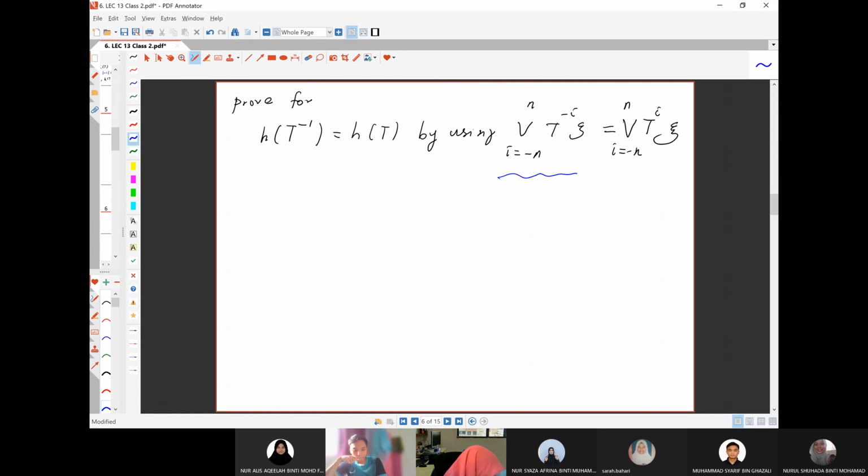So we use this join to show that the entropy of the inverse is the same.